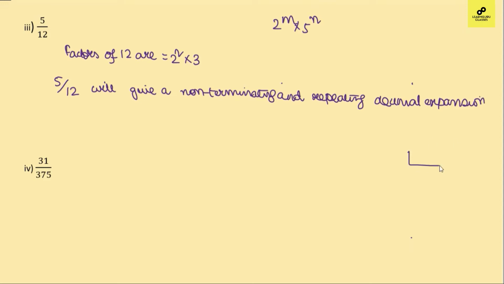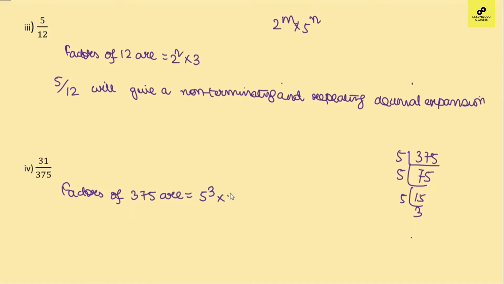Okay, so the fourth sum is 31 by 375. So let's find out the factors of 375. 5 sevens are 35, so 75. So 5 15, 5 threes are 15. So factors of 375 are 5 to the power of 3 into 3.